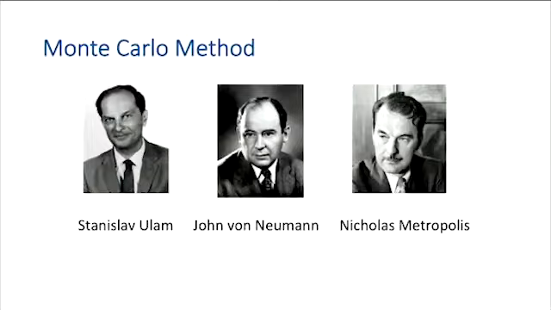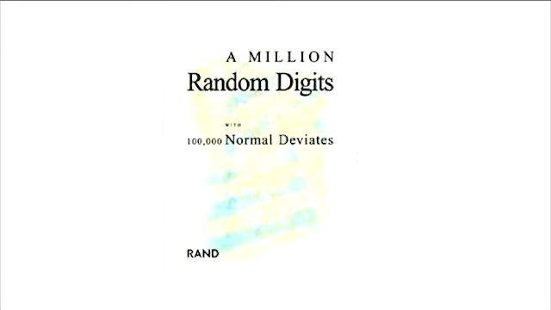All right, so at that time, around the 50s, it became clear that it's useful to have random numbers that you simulate on a computer, and maybe you put them in a book. 1 Million Random Digits with 100,000 Normal Deviates. That's a book with just 1 million random digits.